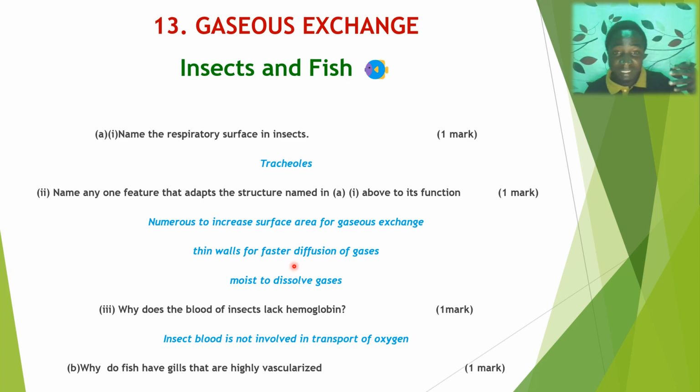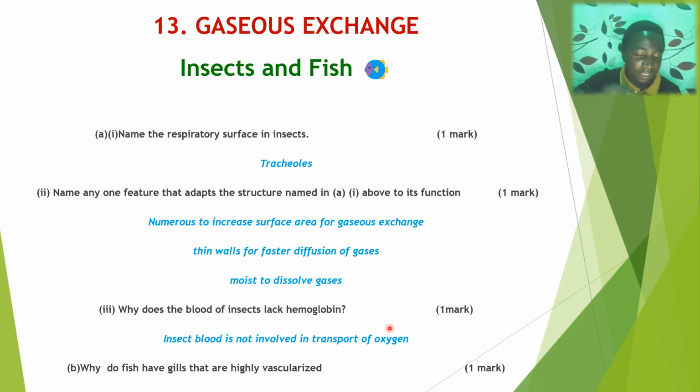the substance that packages oxygen and transports oxygen in the form of oxyhemoglobin. Why do fish have gills that are highly vascularized?